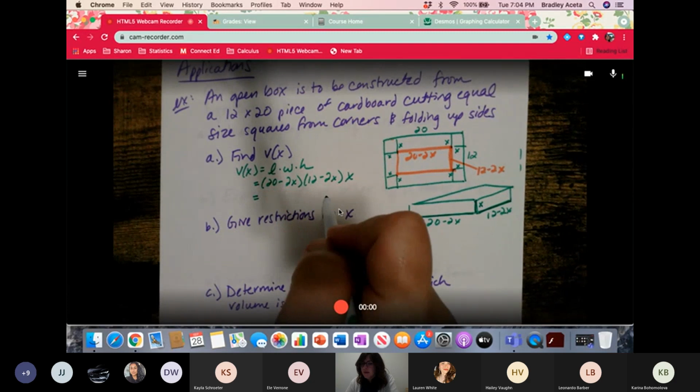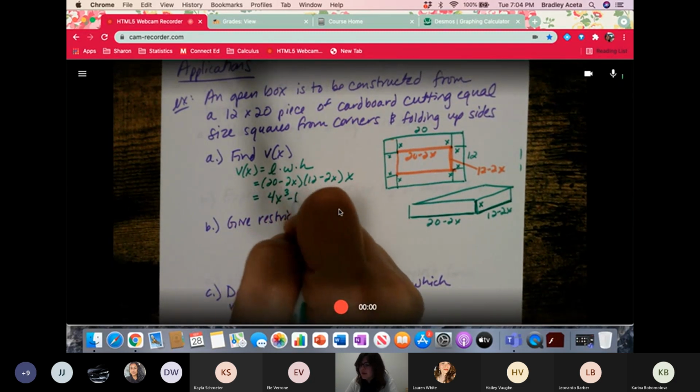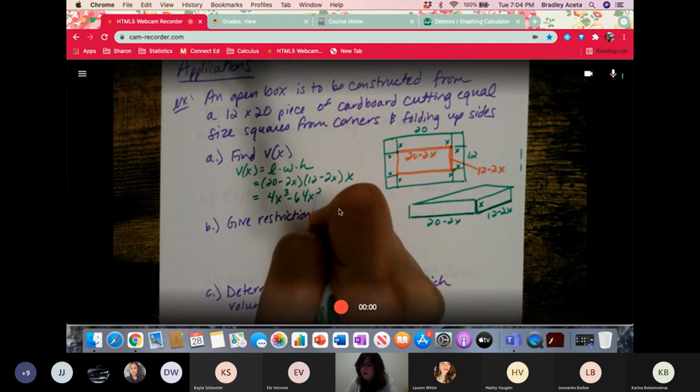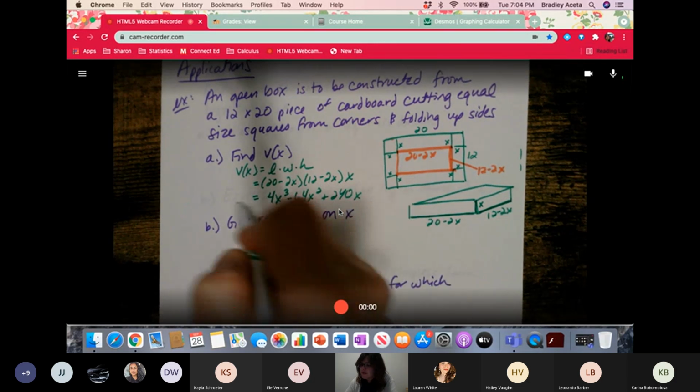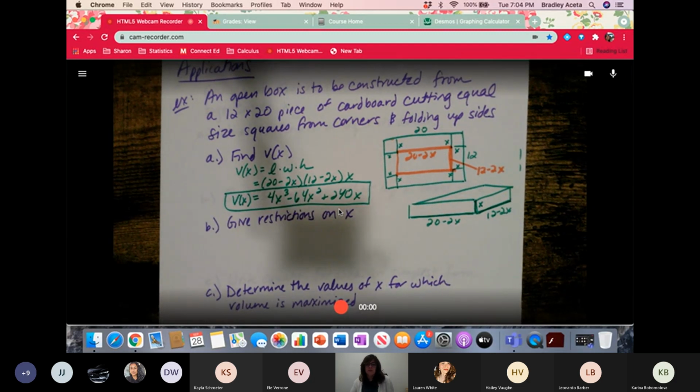But to save us time, I'm going to pre-FOIL it for you. But you will get 4x cubed minus 64x squared plus 240x. That is part A.